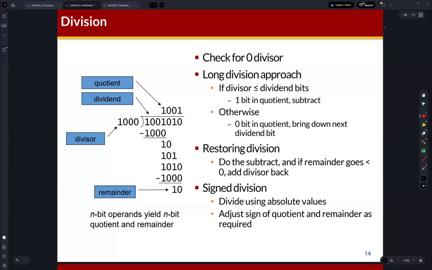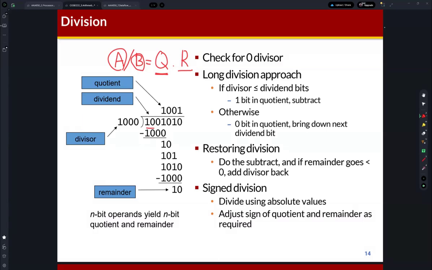So this is the example. When we perform A divided by B, it generates the quotient and also the remainder. This number A is the dividend, and B is the divisor. We perform a division operation between A and B, and the result is the quotient, right?